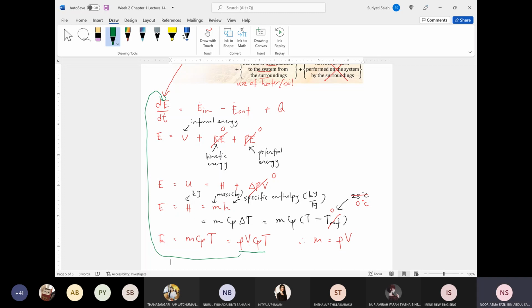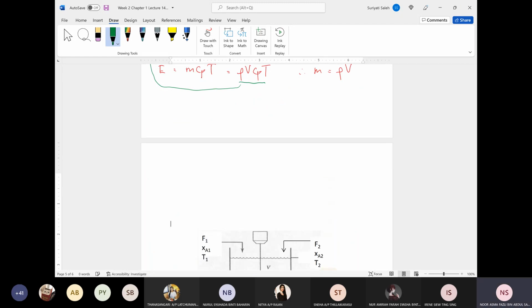Remember that we have dE over dt equal to E in minus E out plus Q. So we substitute the obtained term for E. When we substitute it, the equation becomes d rho V Cp T over dt equal to E in minus E out plus Q. So here the term E for energy has been replaced with rho V Cp T. Any question so far?